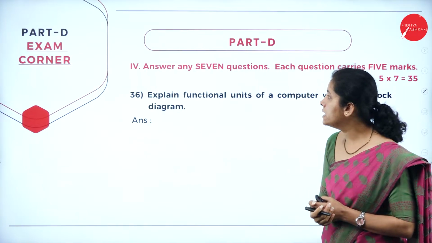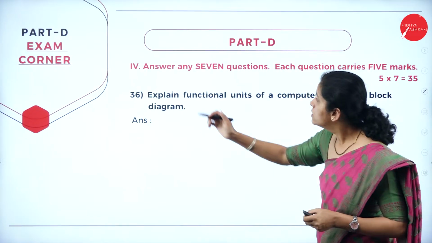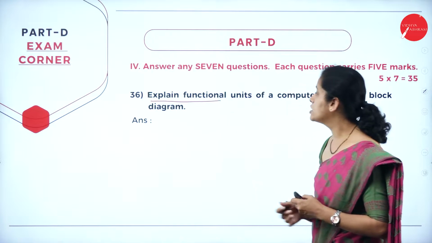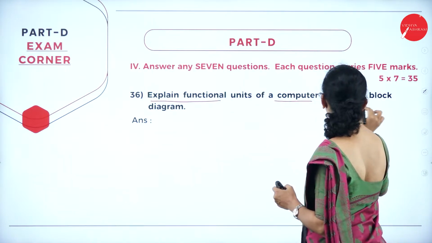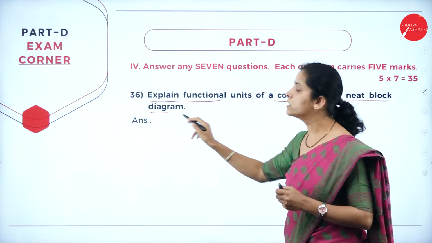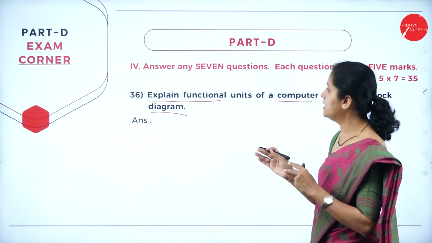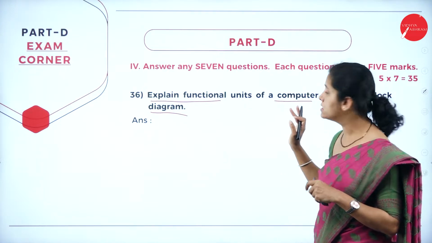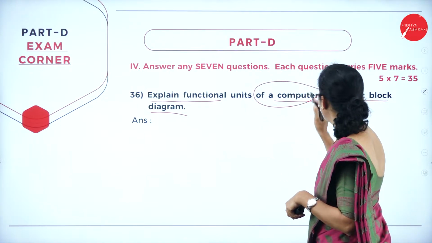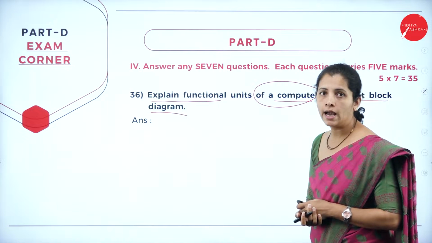So, at the beginning, I'm going to have: explain functional units of a computer with neat block diagram. So directly they specified: explain functional units of a computer with neat diagram.